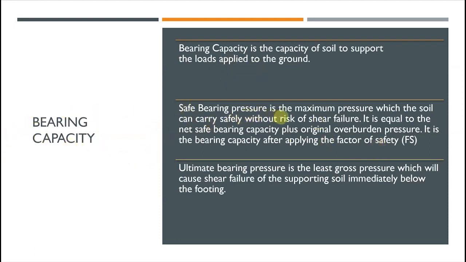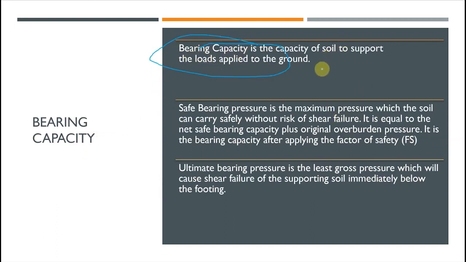So safe bearing pressure is the maximum pressure which the soil can carry safely without risk of shear failure. It is equal to the net safe bearing capacity plus original overburden pressure. It is the bearing capacity after applying the factor of safety. So basically safe bearing capacity ni sebenarnya kita dah consider the factor of safety, sebab bearing capacity yang here kita tak consider lagi dia punya factor of safety.